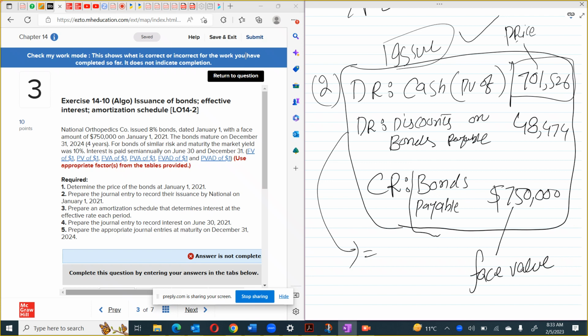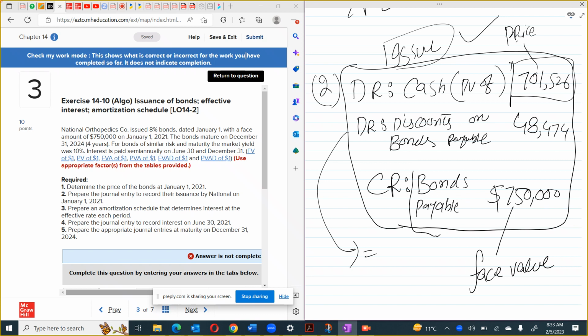Now, how will I calculate the interest expense? I will write the formula here. Always the carrying value multiplied by the effective rate. And effective rate in this question is 5%, not 6%. 6% is coupon. So how will you calculate the interest expense?